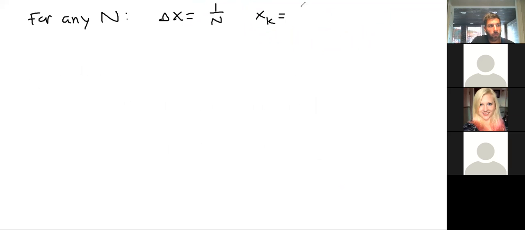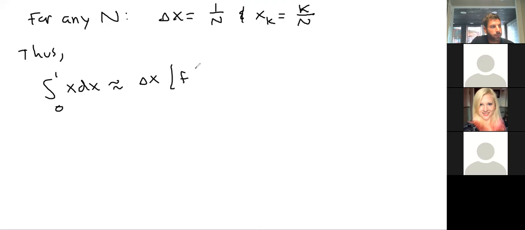So what we can say is for any n, delta x is 1 over n. X sub k is just what? Well, it's k over n. Thus, the integral is approximately delta x, and then it's this sum of f of x sub k.